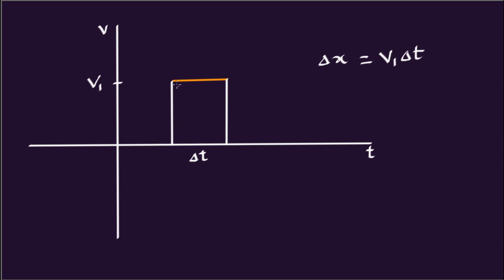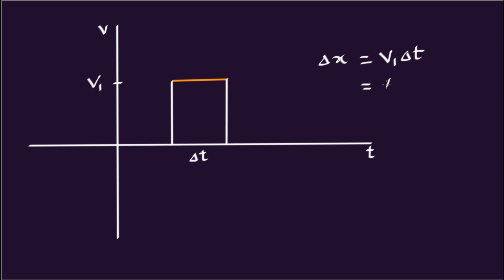Now check this out, v1 is the height of this rectangle consisting of the yellow line, which is our velocity versus time graph, the two vertical lines indicating the endpoints of our time interval, and the t-axis. Now the area of this rectangle is nothing but height v1 times delta t.